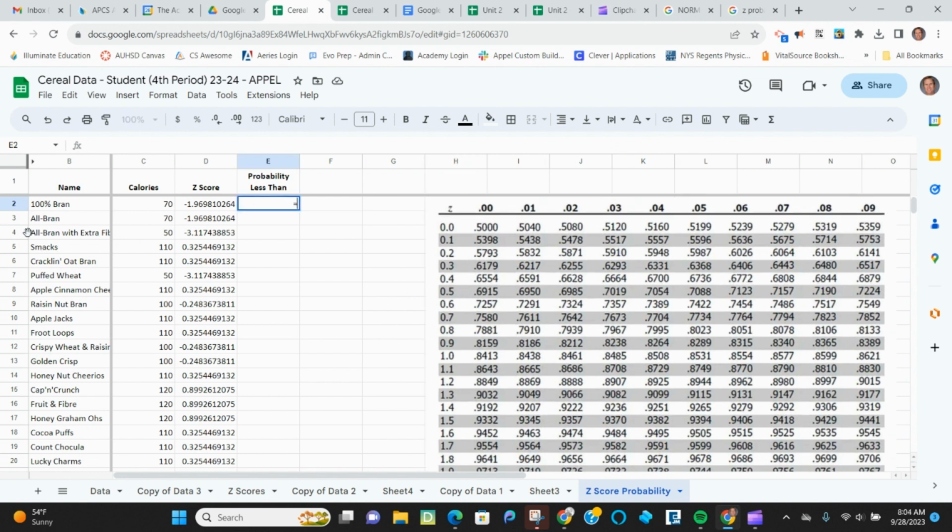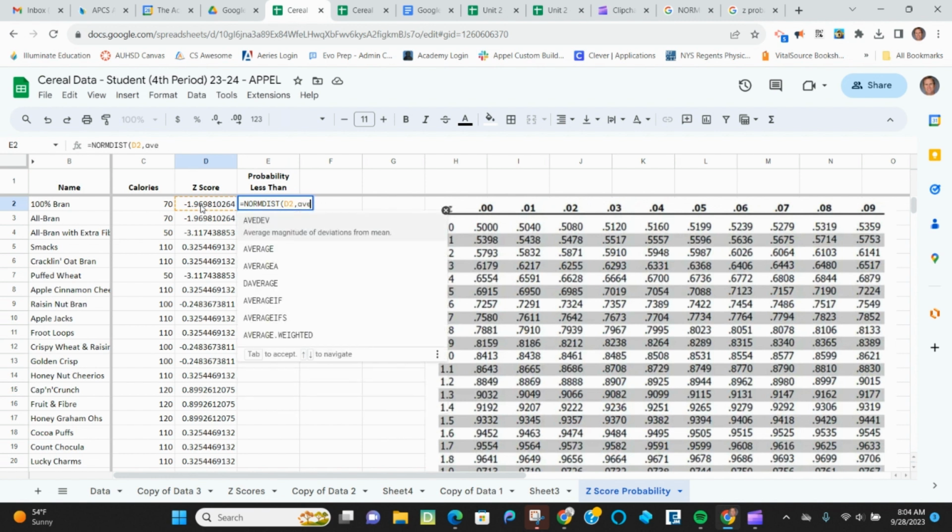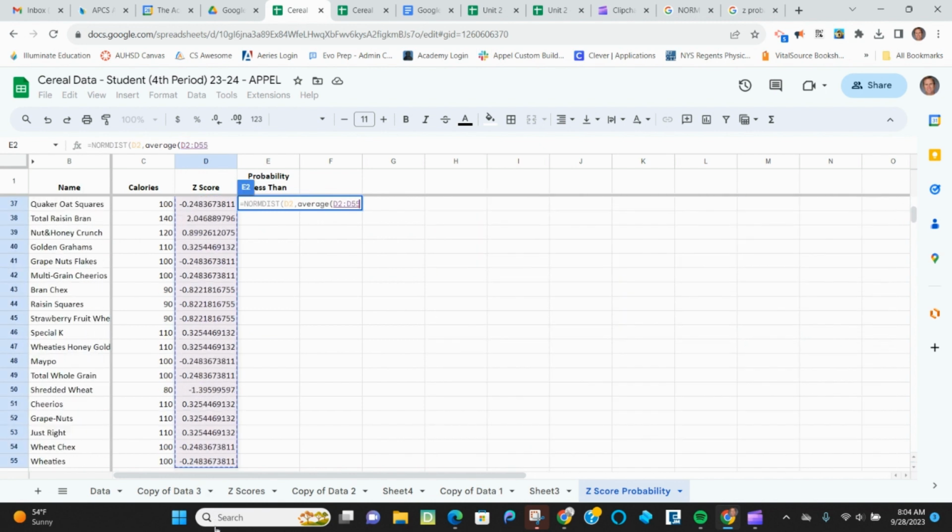So I can use this normal distribution, norm dist thing, and I need to know the value, so that's this, right? I need to know the mean, so that's the average of this.